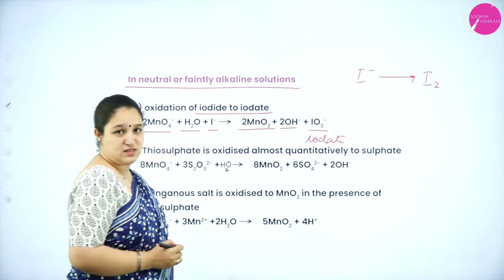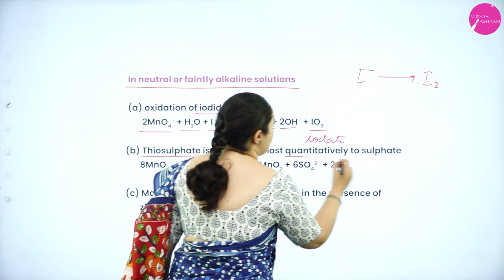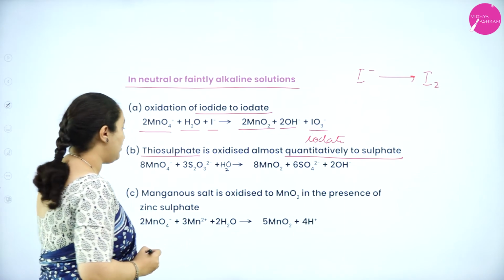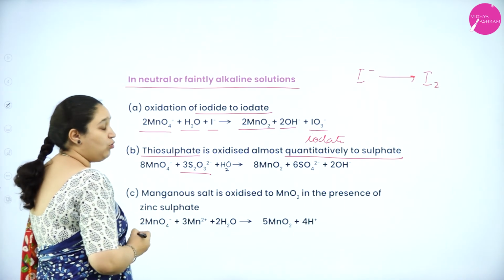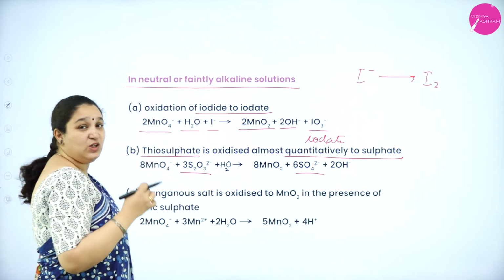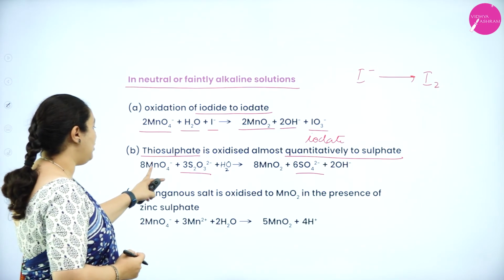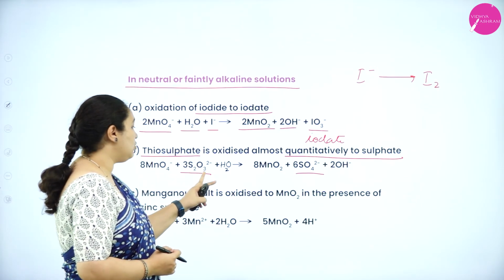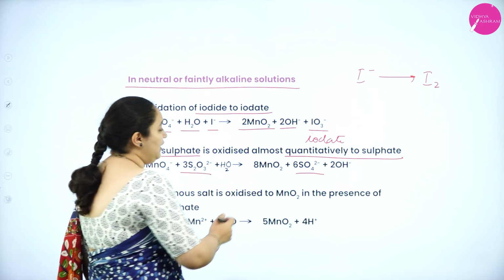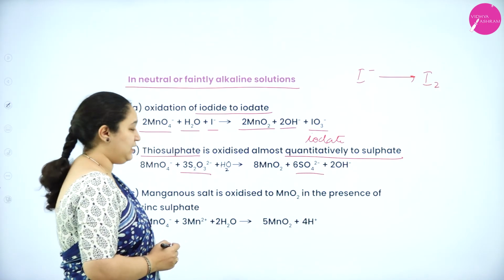Okay. Similarly, thiosulfate is oxidized to sulfate. Okay, what is it? S2O3 2 minus will give SO4 2 minus in neutral potassium permanganate medium. So it is MnO4 minus with S2O3 2 minus in water. It gives MnO2, SO4 2 minus and OH minus.